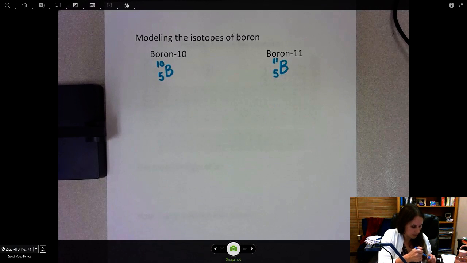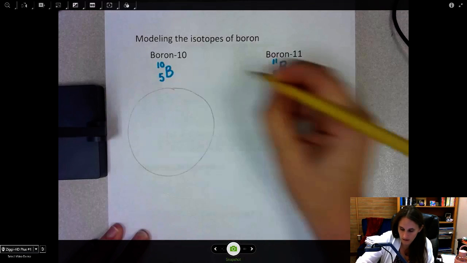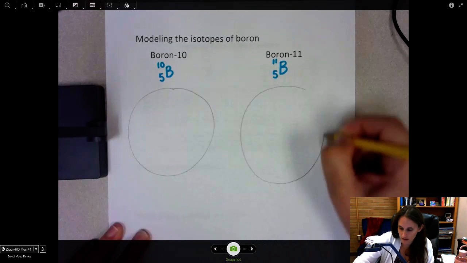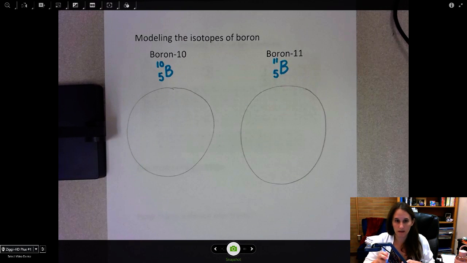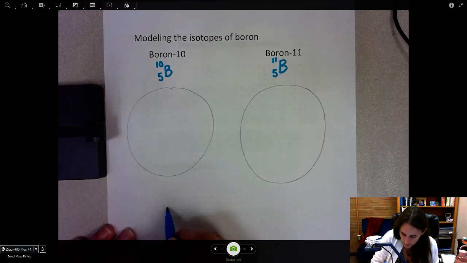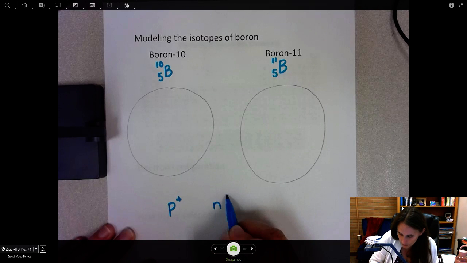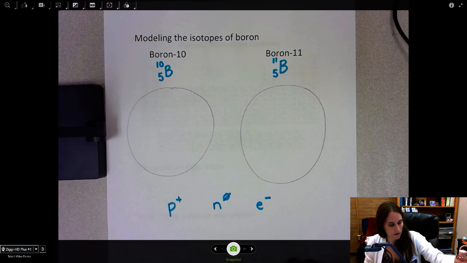So what we're going to do is try to create a little model of each of these. We're going to do it in these circles, of those three subatomic particles that make up each of these atoms. So we're going to need a key down here at the bottom, because we're going to have protons, neutrons, and electrons.